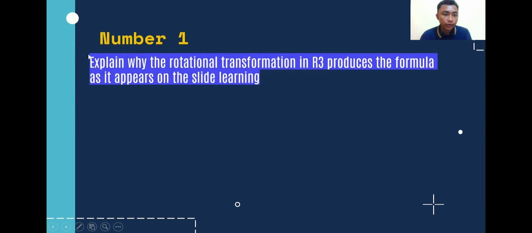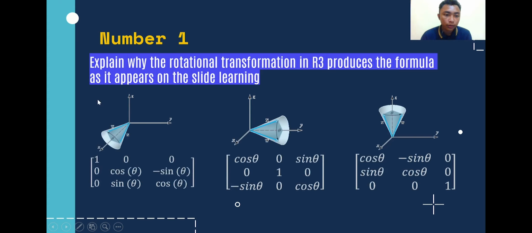The first question is to explain why the rotation transformation in R3, or three dimensions, produces the formulas as they appear on the slide. So maybe I will show the formulas in the slide. There are three formulas in the slide.